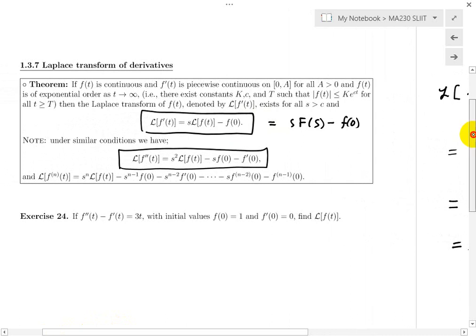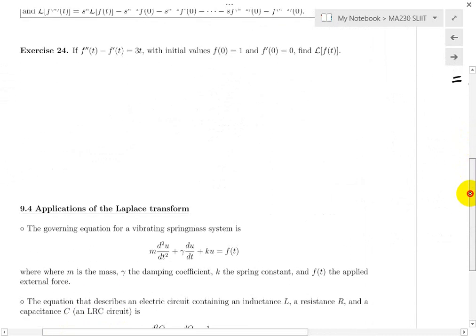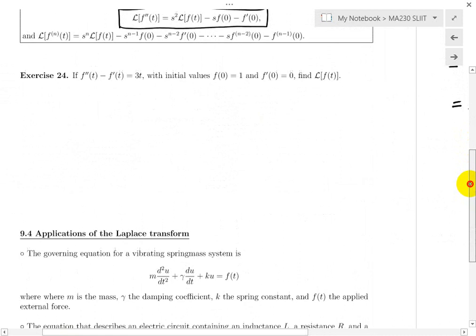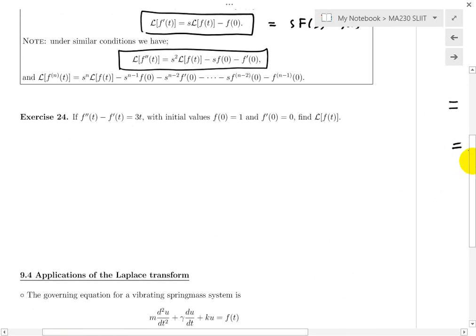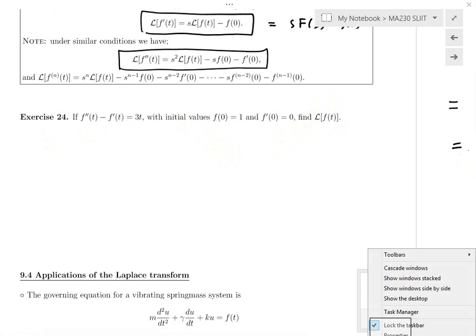Now to conclude today's lesson, here I am asking to find the Laplace transform of the function f of t. Note that the given equation is actually a differential equation.